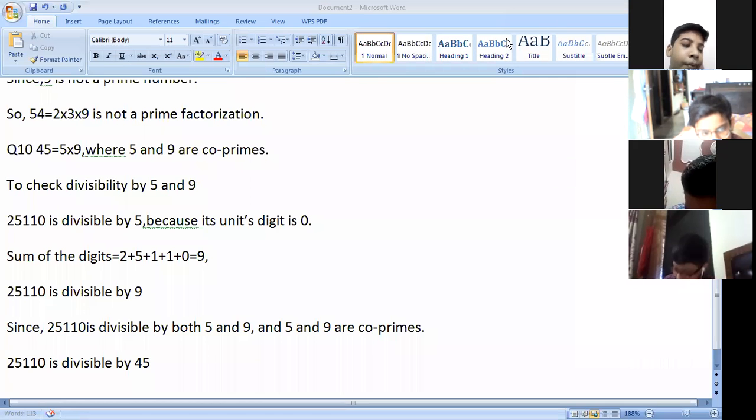Clear? We have to check the divisibility rule for 5 as well as 9. If it works in both, then it will be divisible by 45. Clear?